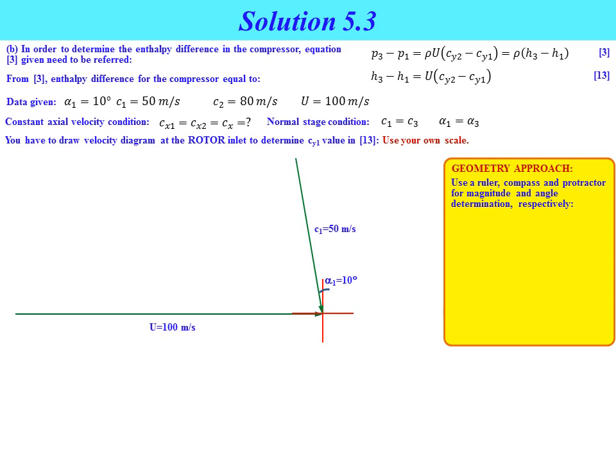From the C1 vector, we can determine the axial velocity value, where we just draw the upper limit and lower limit of the axial velocity based on vector C1. So we get the value of Cx1 equal to 49 meters per second.